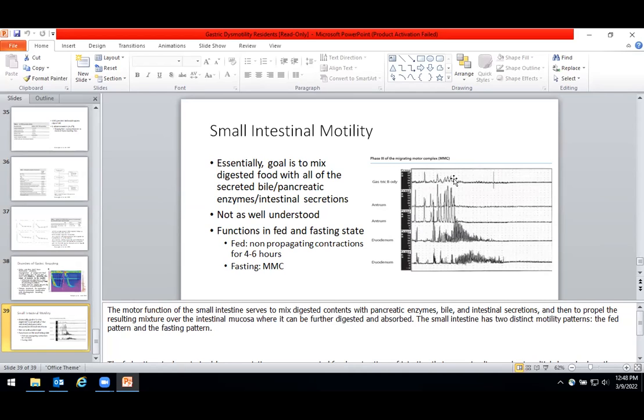Whether that's truly it or not, I'm not sure. But for the most part, I would say yes. I would not call it dumping syndrome unless you have altered anatomy. In theory, if you are having rapid transit and dumping an osmotic bolus into the small intestine, I guess it could happen, but it's not very common that you'd see it. So the short answer is no, I don't think so.